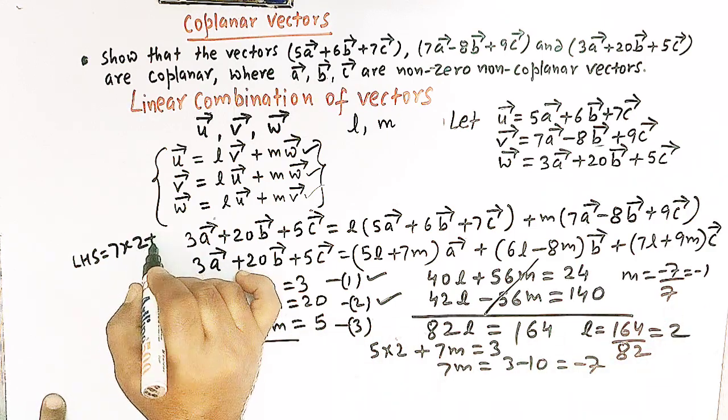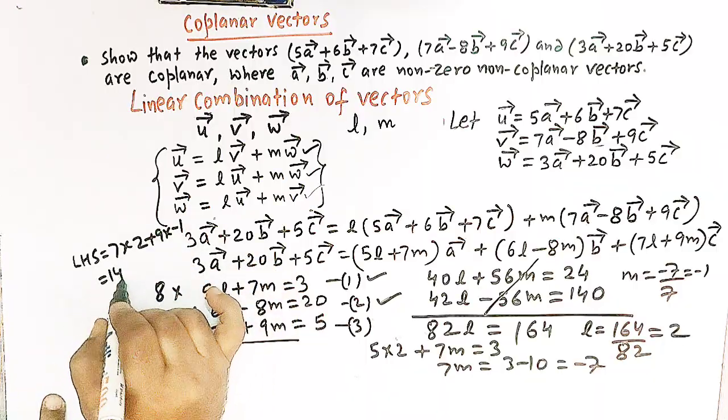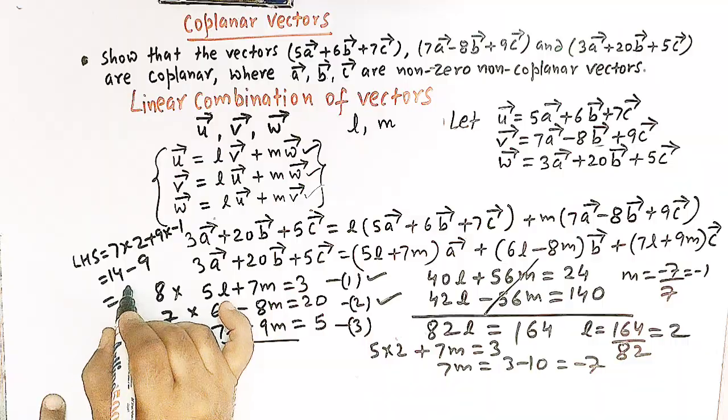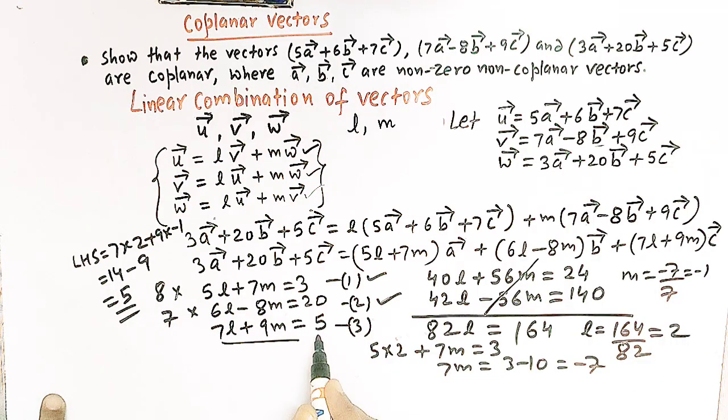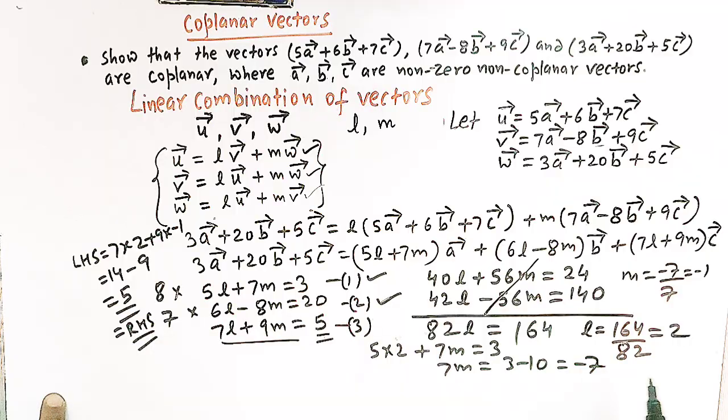So we have plus 9 times minus 1. So we have 14 minus 9, that is equal to 5, and this is equal to our right hand side. So the values of L and M as obtained from equations 1 and 2 are satisfied by equation 3.